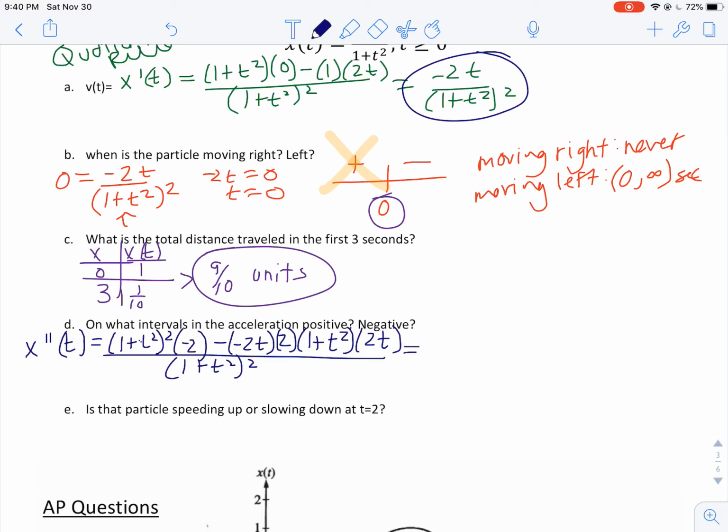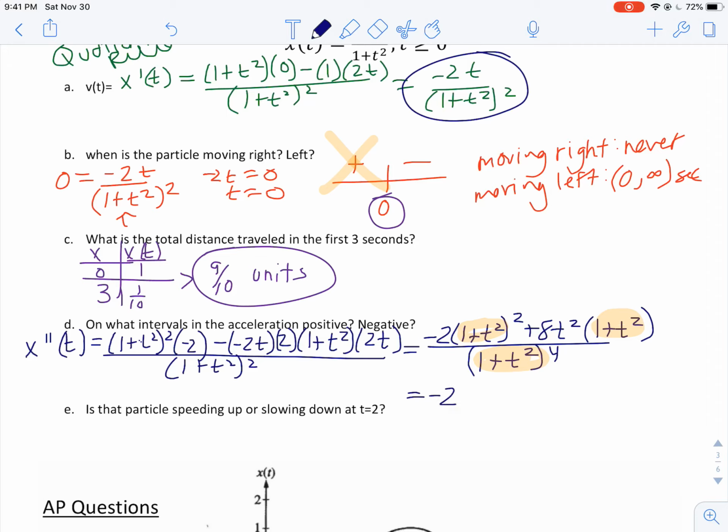All right, so now we have to simplify this. I'm going to write this as -2, 1 plus t squared plus 8t squared, simplifying that whole second term there, 1 plus t squared over 1 plus t squared all to the 4th. So this actually turns out nice because we have a 1 plus t squared in each term in here, so I can kind of simplify that a little.